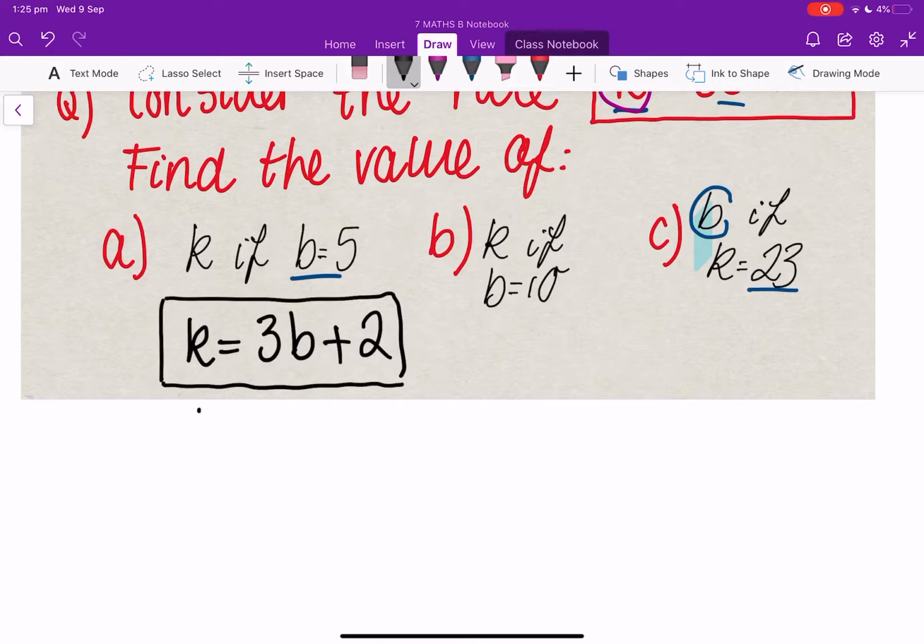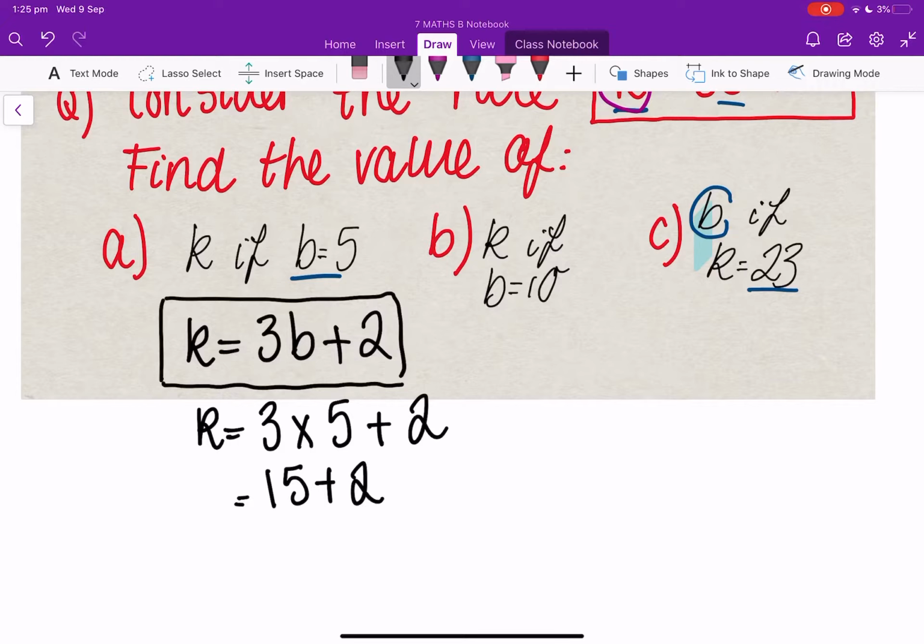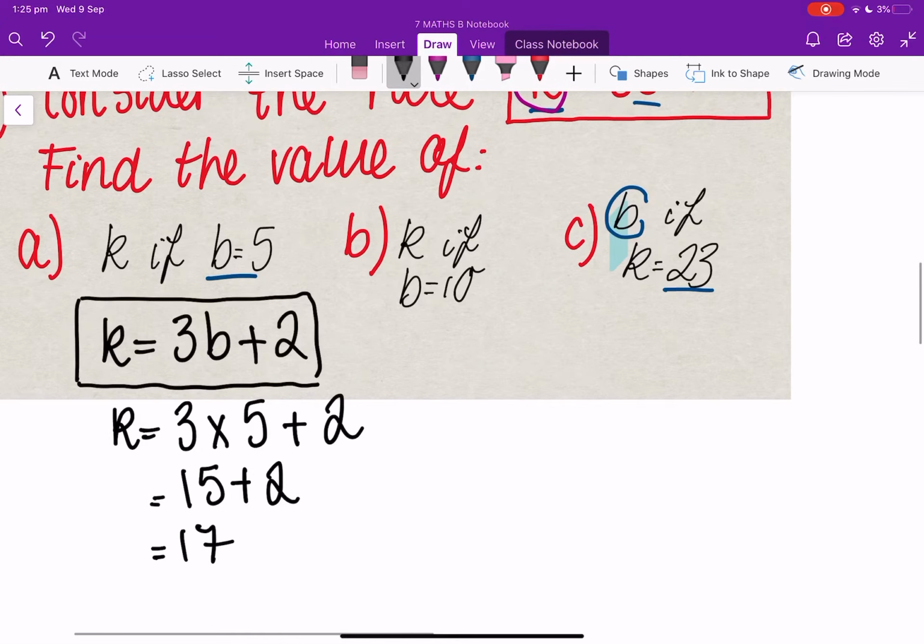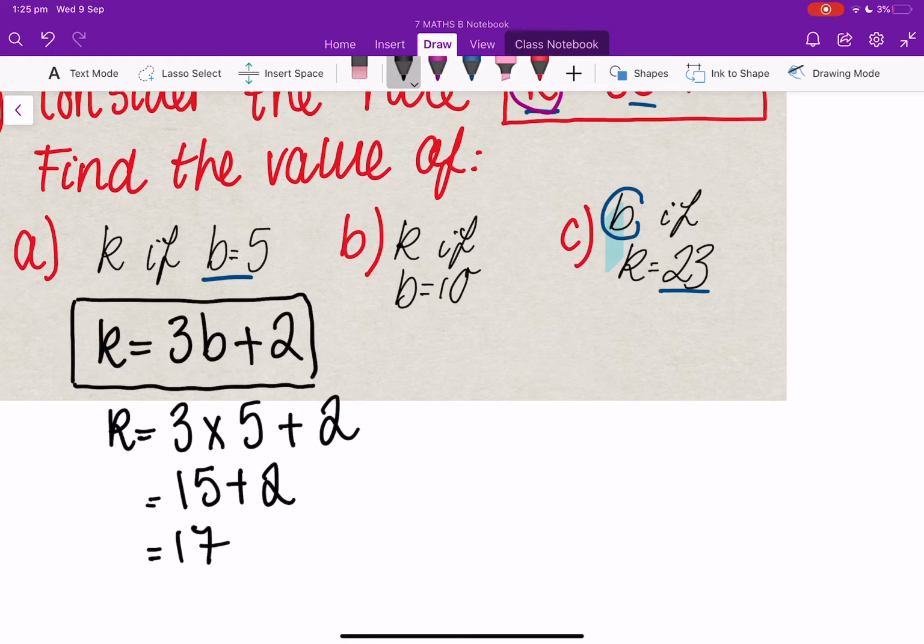Now we are finding k, and I've been told that b equals 5, so that means 3 times 5 plus 2. We have to do BODMAS here, so we've got to do the multiplication first. 3 times 5 is 15, plus 2, that's 17. So k is 17. Let's do the next one. Let's find the value of k if b equals 10. Again, I'm going to write out my rule.